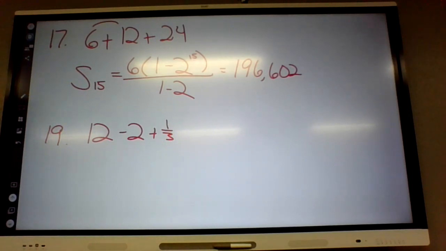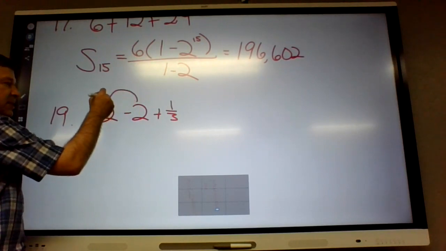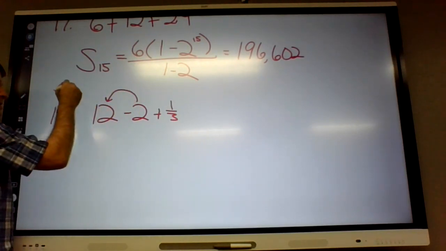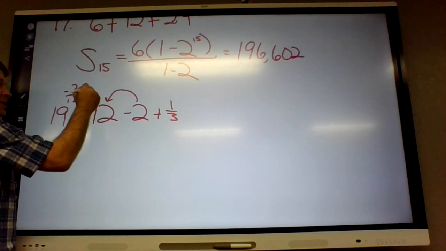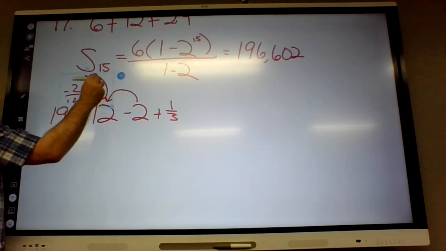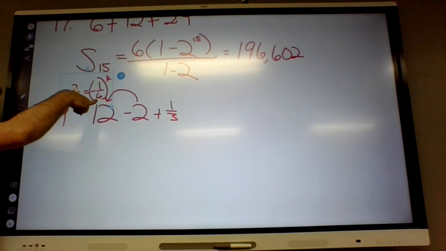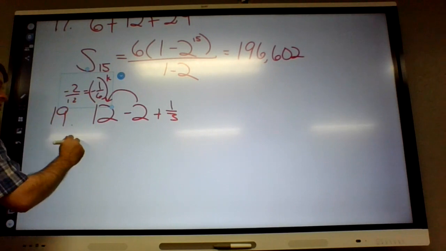So what is the common ratio? Well, -2 divided by 12 is -1/6. So that number in parentheses, because the k is there, that's the number that keeps getting multiplied over and over. So that is the common ratio.